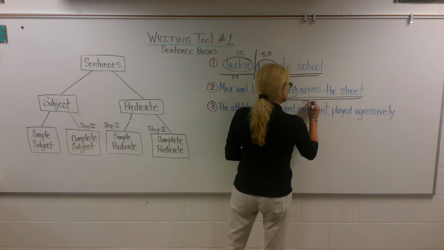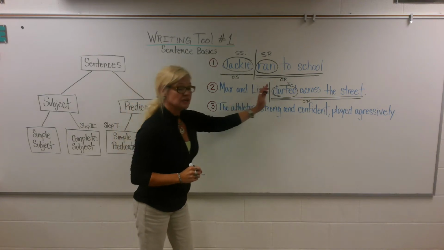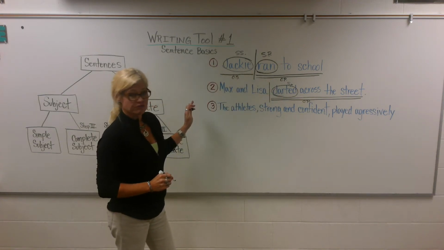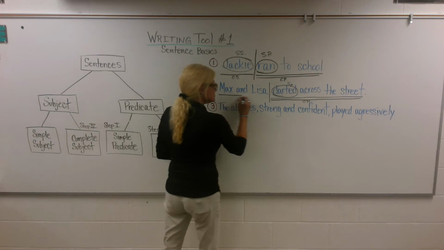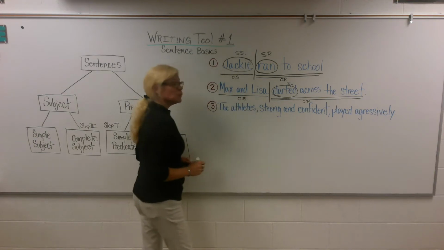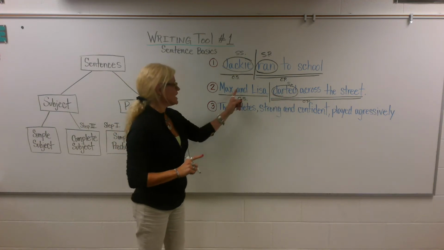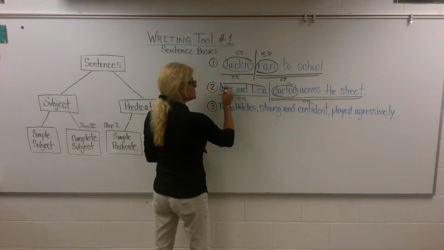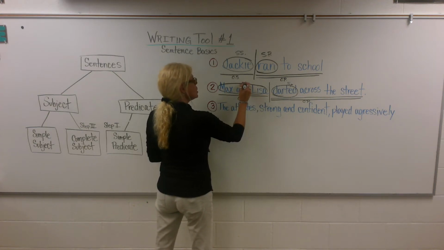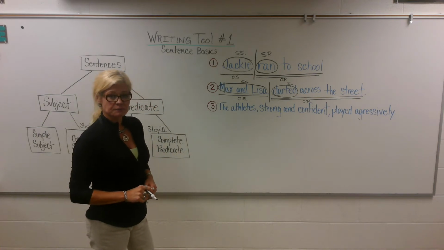So this we can label as the complete predicate. Everything in front of that vertical line is identified as your complete subject. And we ask ourselves, who did the verbing? Who darted? And that would be Lisa and Max. In this case, we have the same scenario where our simple subject is also our complete subject.